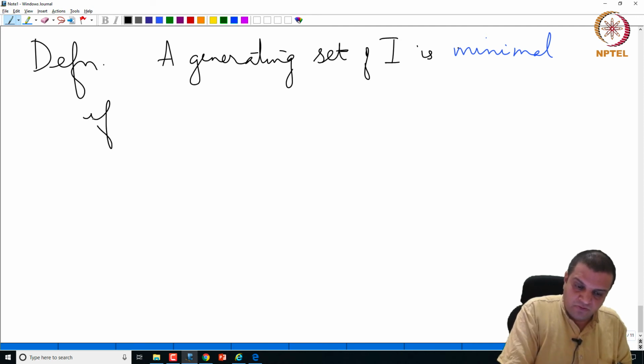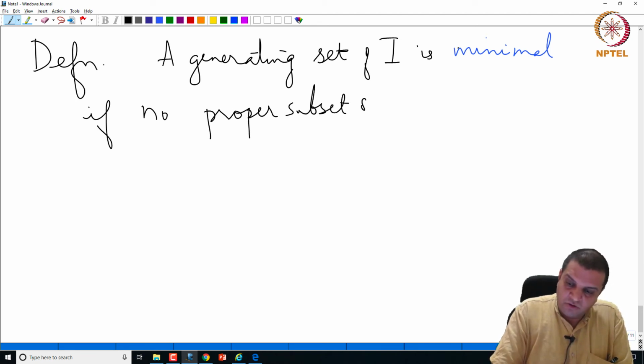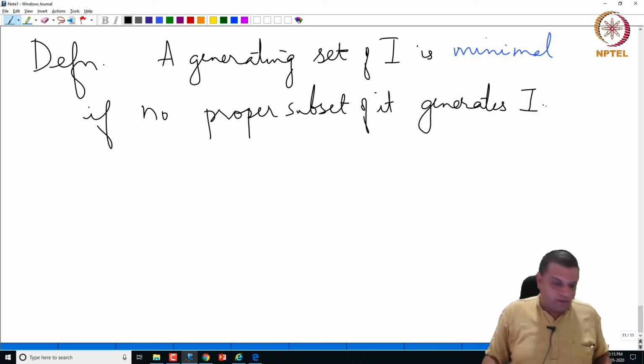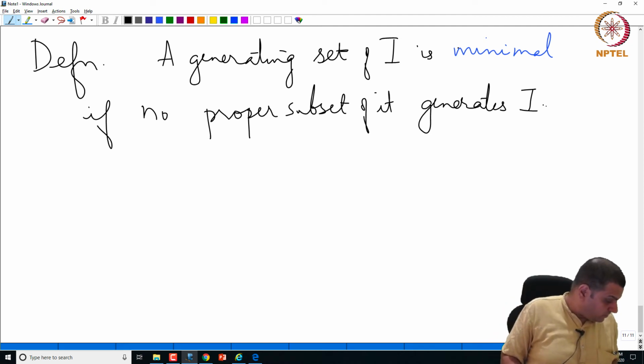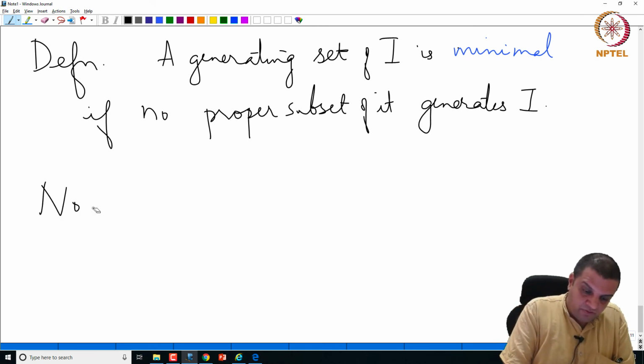if no proper subset of it generates I. So it's minimal under containment, inclusion of sets. So just one notation.